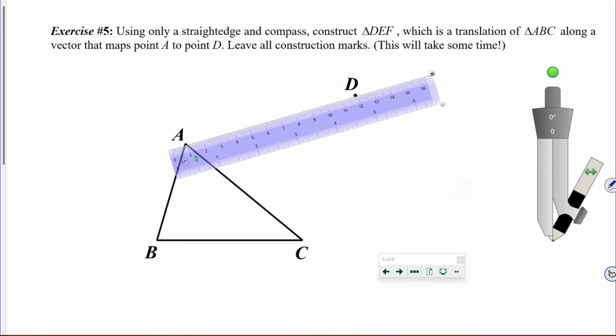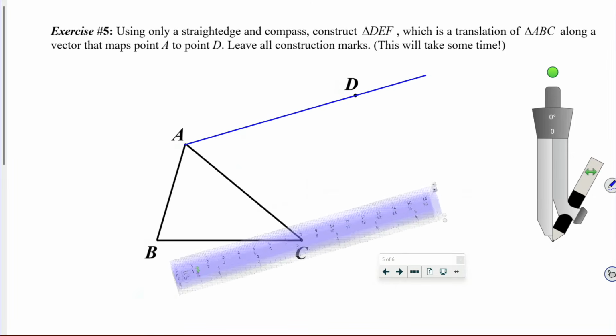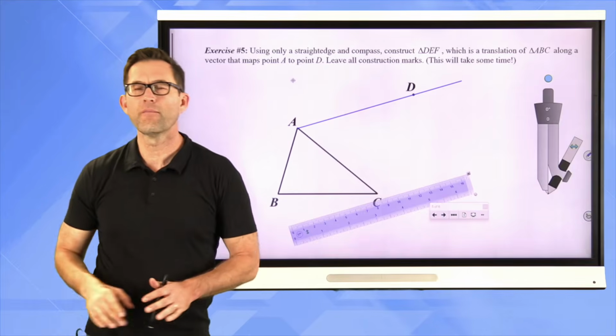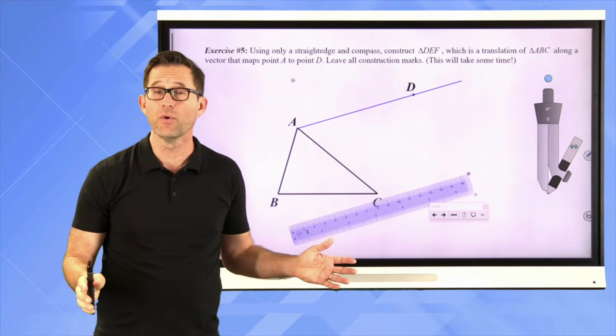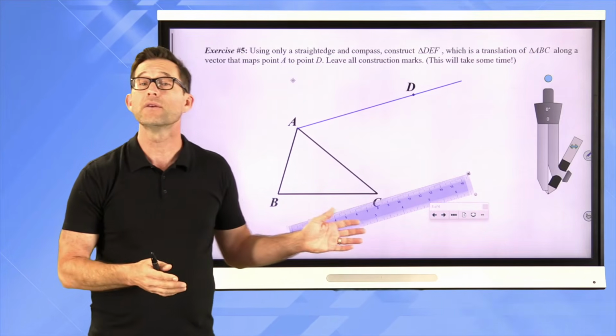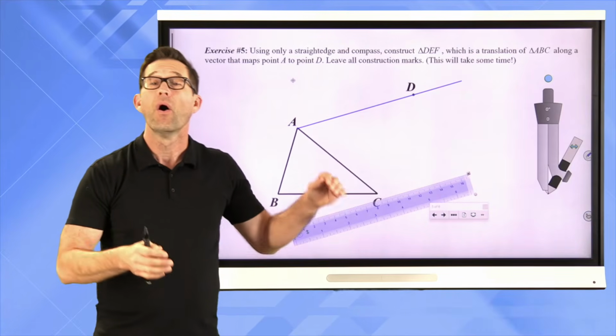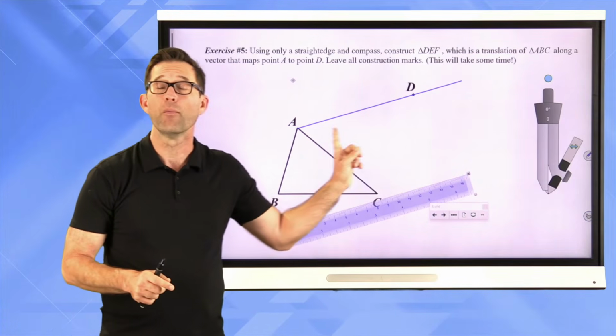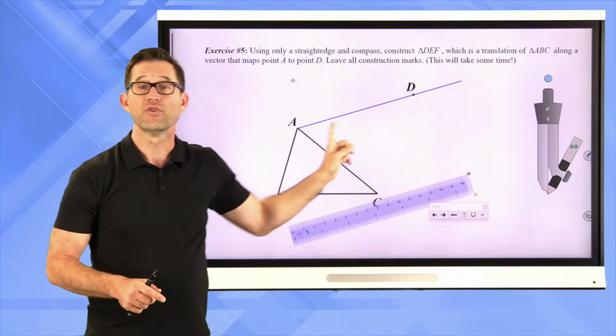It's all about parallelism. So this defines everything now. Every one of my translations now, and there's just going to be 2 of them, I need to translate point B, I need to translate point C, all of my translations now will be parallel to that line.